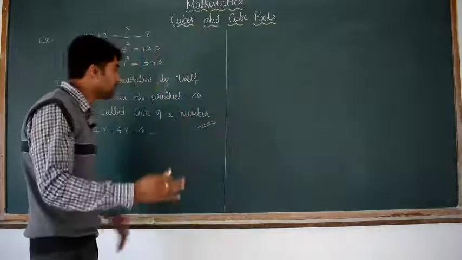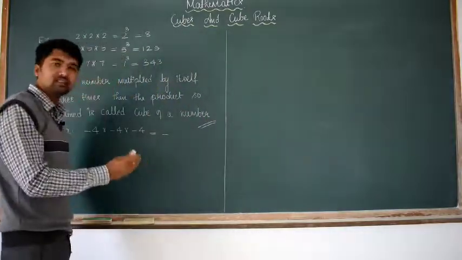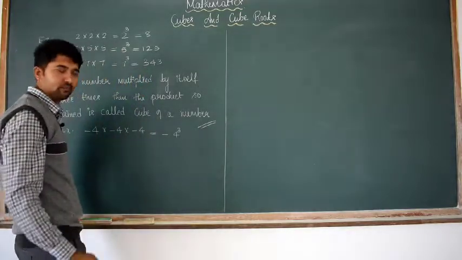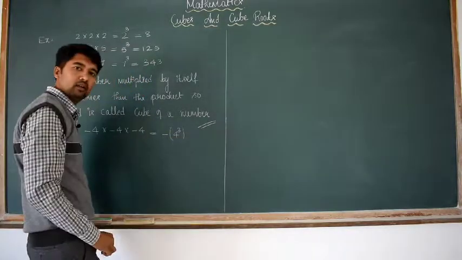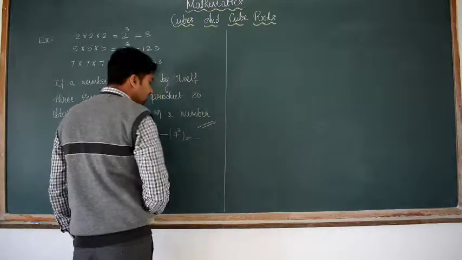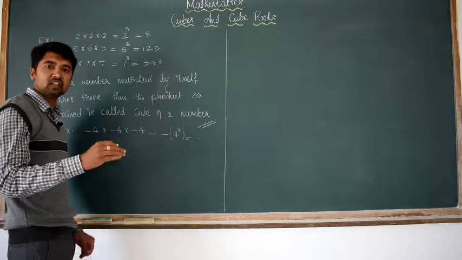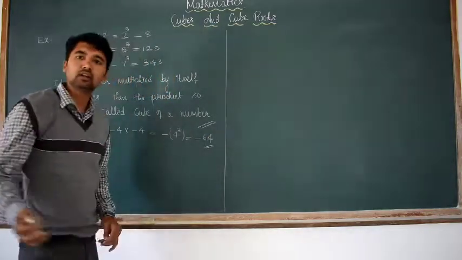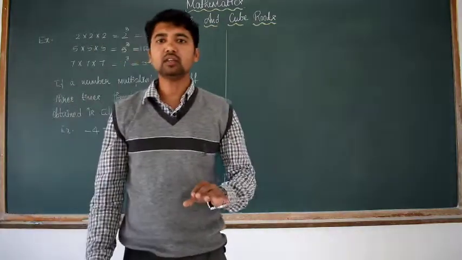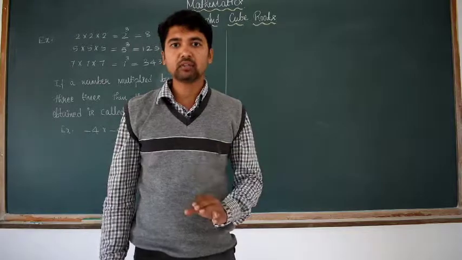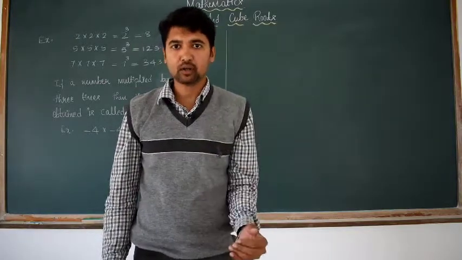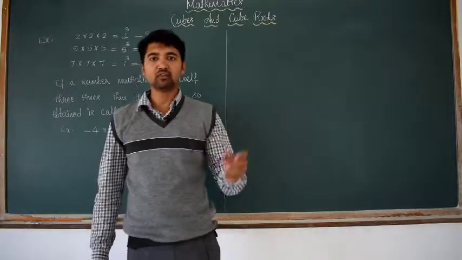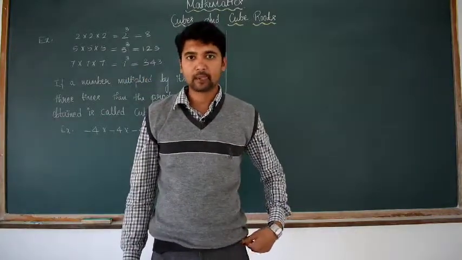So keeping that in mind, we will write minus outside and 4 cube inside the bracket. So that is minus, 4 4s are 16, 16 4s are 64. Clear, dear students? Whenever you get a negative number, to find its cube, you have to keep a negative sign in the product as it is.